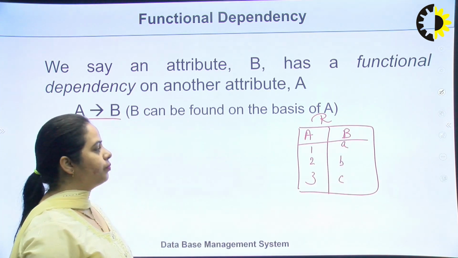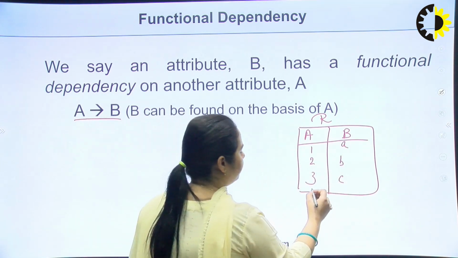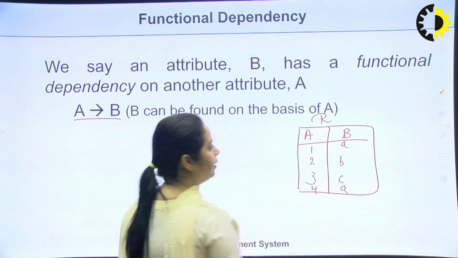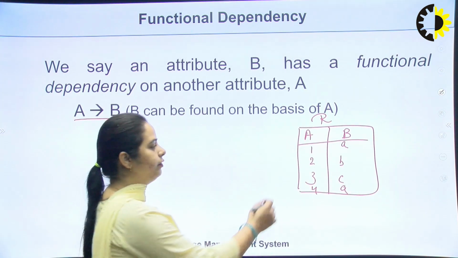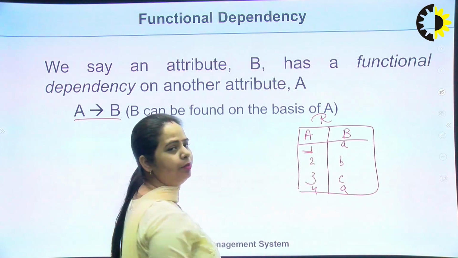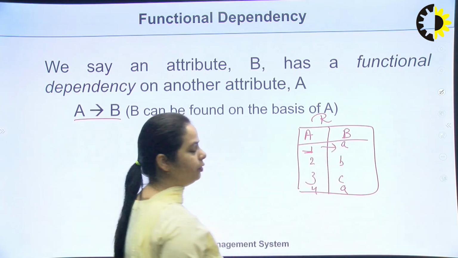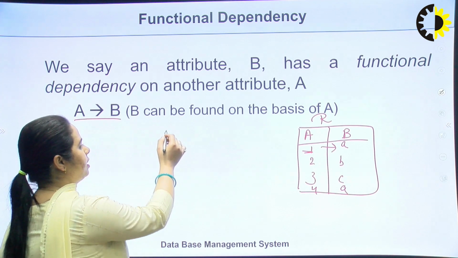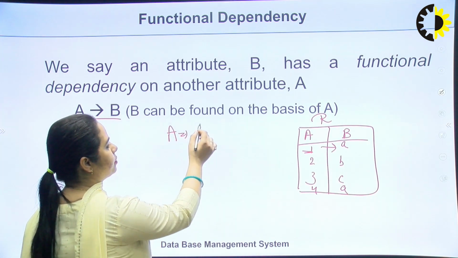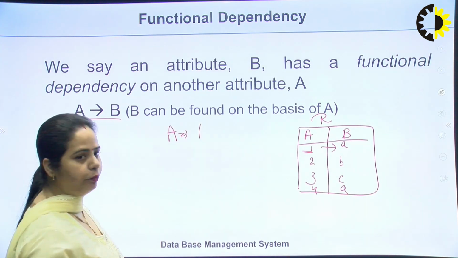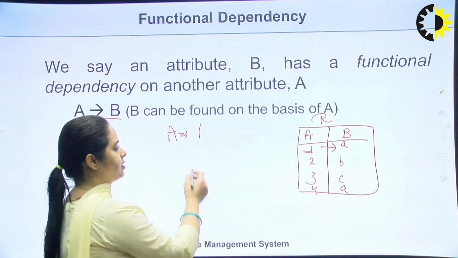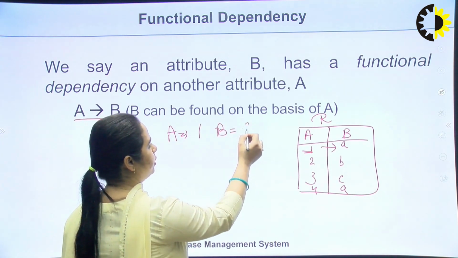So with the help of A, I can tell the value of B. Means if I tell you the value of A, can you tell me the value of B? Yes, I can. For example, if the value of A is equal to 1, can you tell me the value of B with respect to A equal to 1? Yes, I can tell you the value of B.